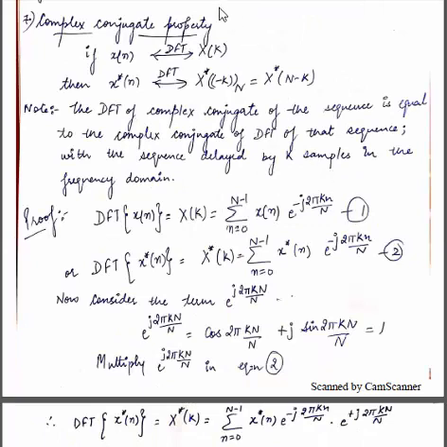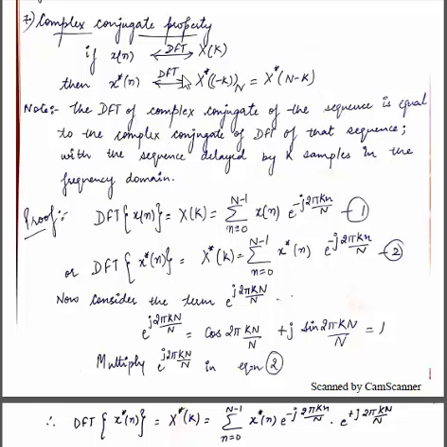Now next is the complex conjugate property, that is the seventh property of DFT. It states that if DFT of x of n is X of k, then DFT of x conjugate n is X conjugate of minus k modulo N, that is equal to X conjugate of N minus k.